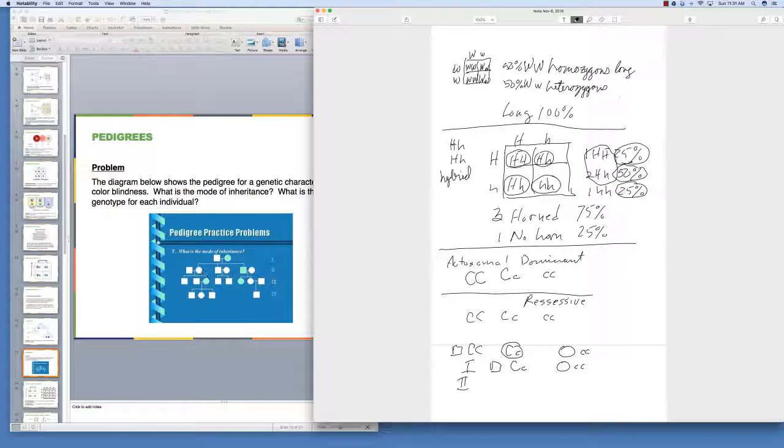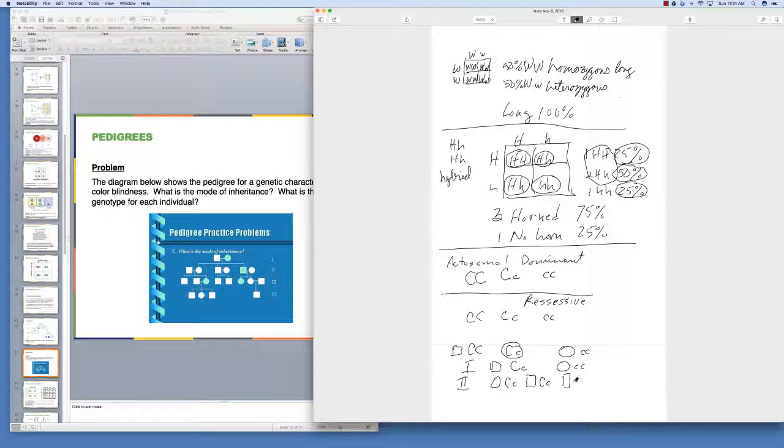So the fact that she's not affected tells you that she is cap C little c. This guy, similarly, has to receive a little c from mom and a big C from dad. So this male child has to also be cap C little c. This guy right here has to have two little c's.